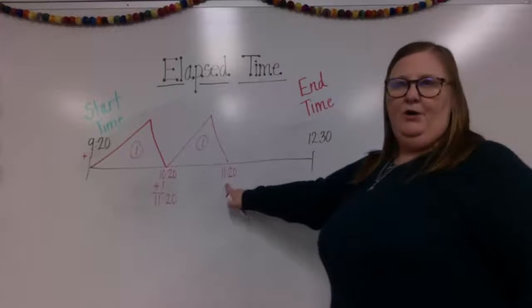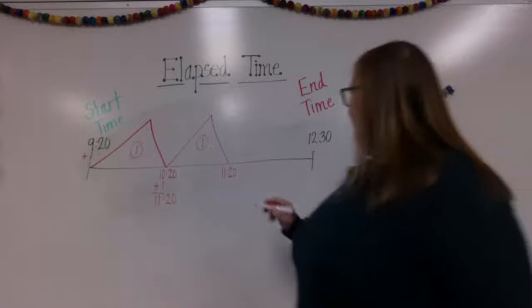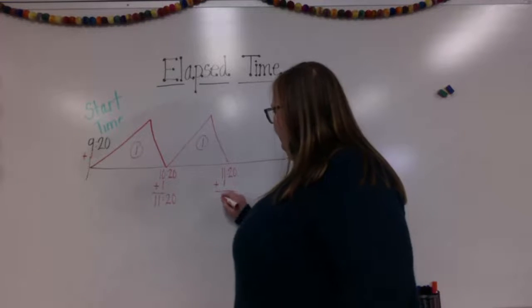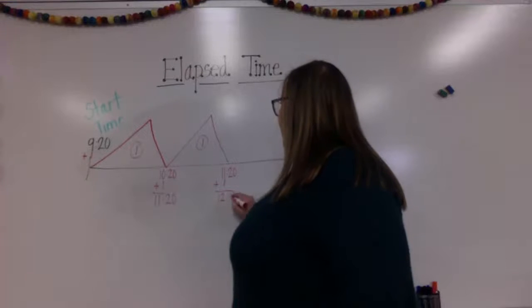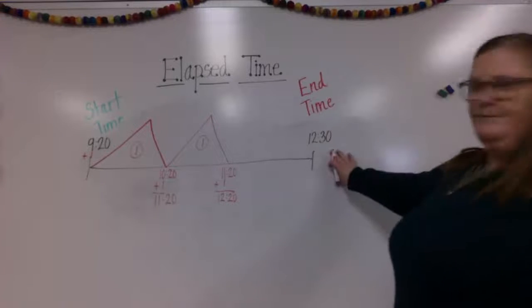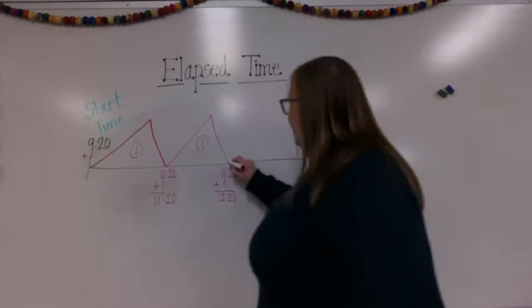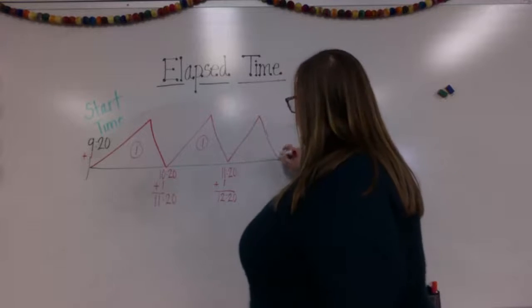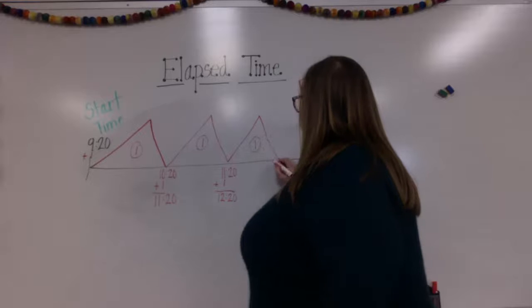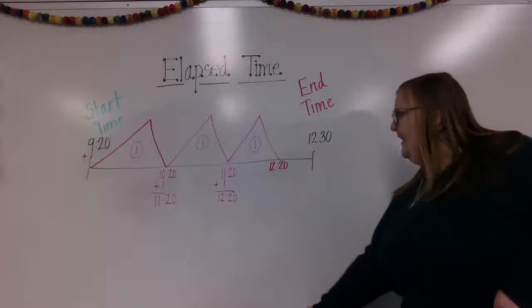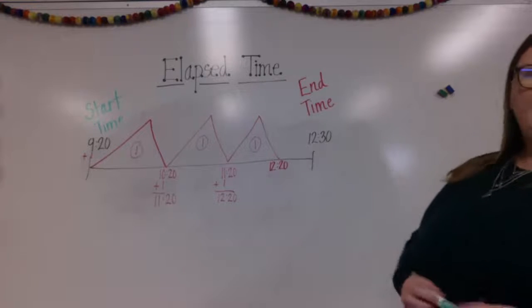Now, I need to get to 12:30. Can I add another hour and not go past 12:30? If I add another hour here, I'm going to get 11 plus 1 is 12. It's going to be 12:20. And that's still not past 12:30, so I can add another mountain. So it's going to make it 12:20. Now, the last thing I want to do is add some hills.